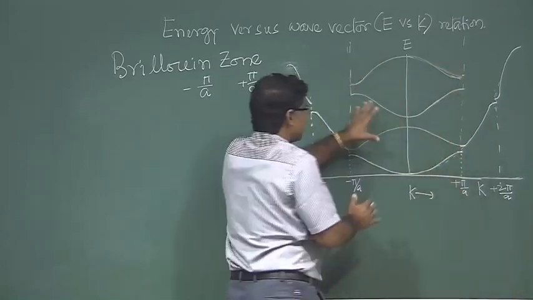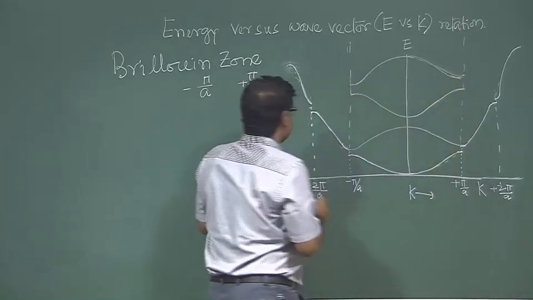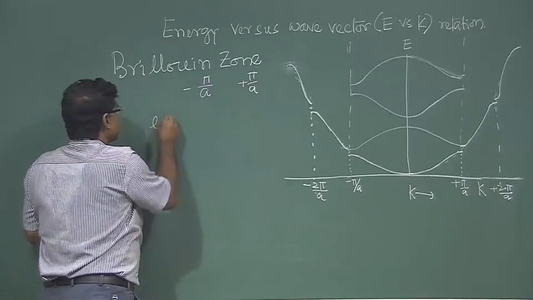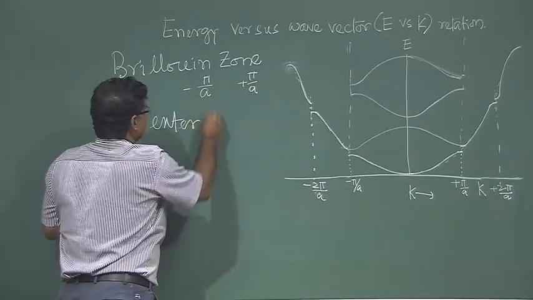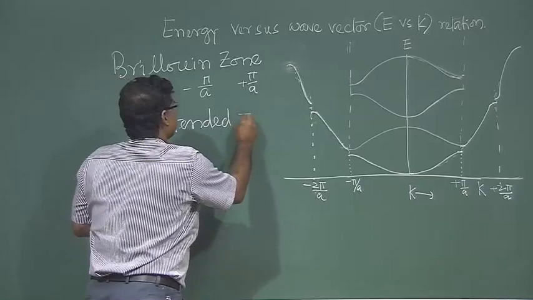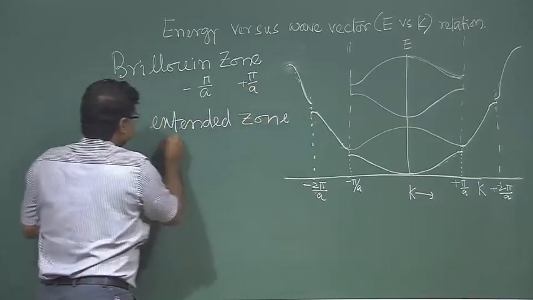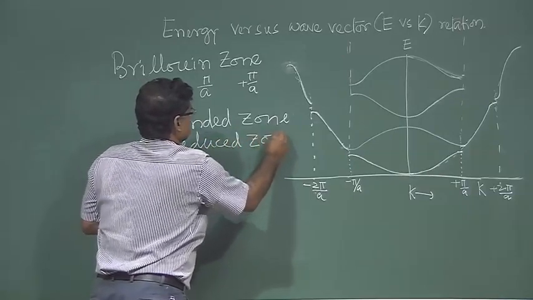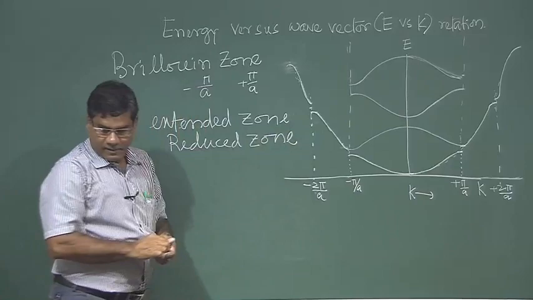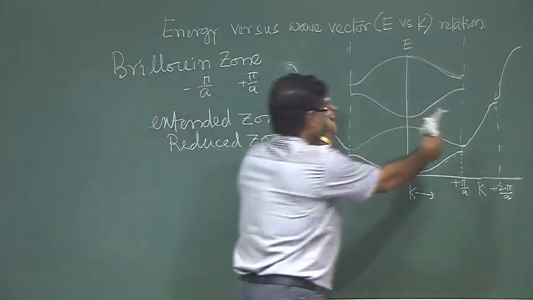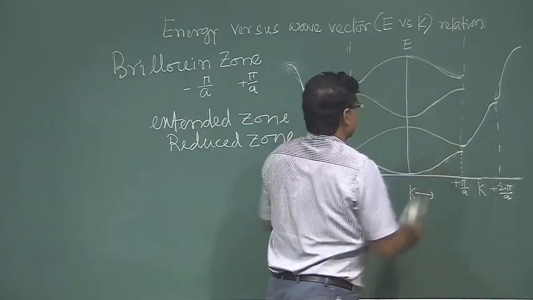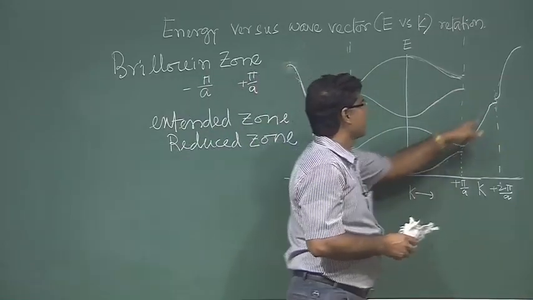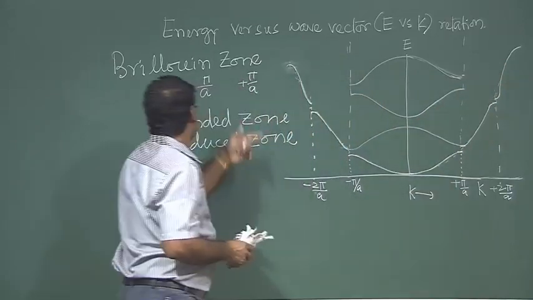So, this picture is called the reduced zone. All are put in the first Brillouin zone, so that is the reduced zone, and the original one is called the extended zone.